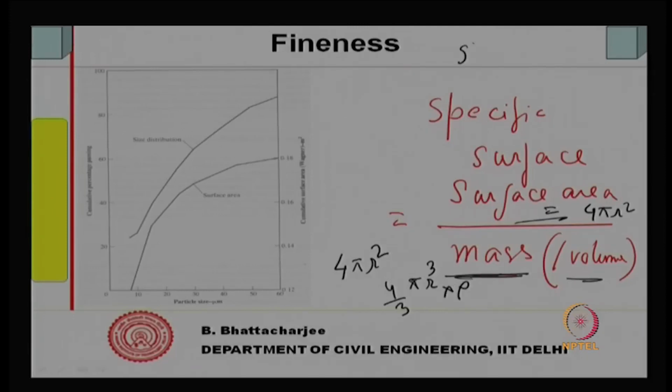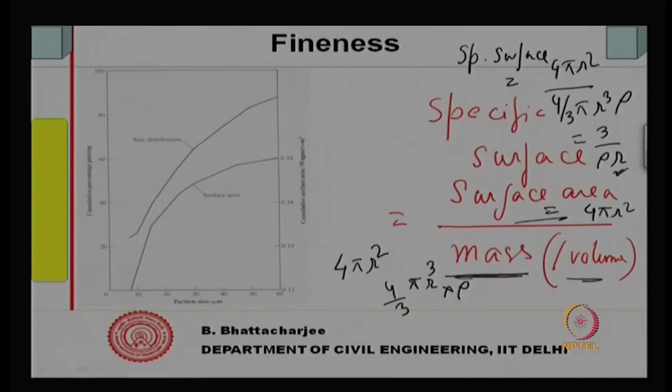So, specific surface will be equal to 4 pi r square divided by 4 by 3 pi r cube into rho, which equals 3 by rho r.